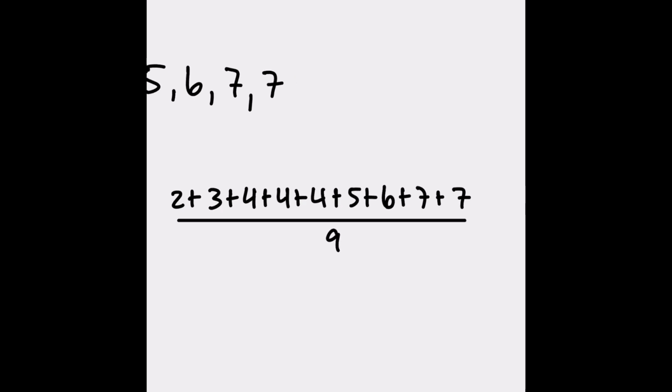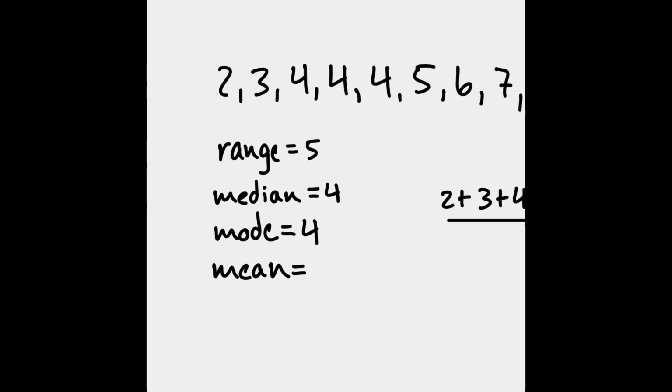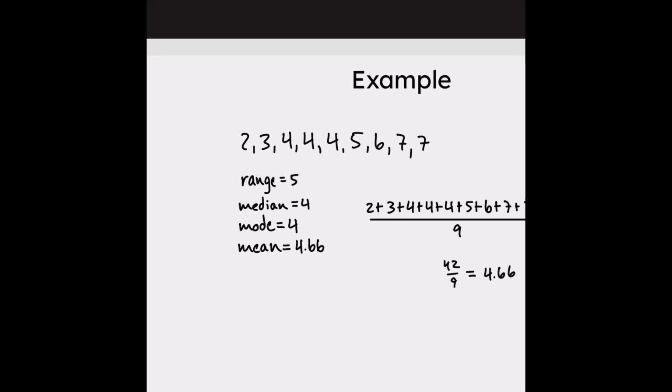And let's do that math. That's going to be equal to 42 over 9, which is 4.66. So our mean is 4.66. So this is a pretty standard data set, right?